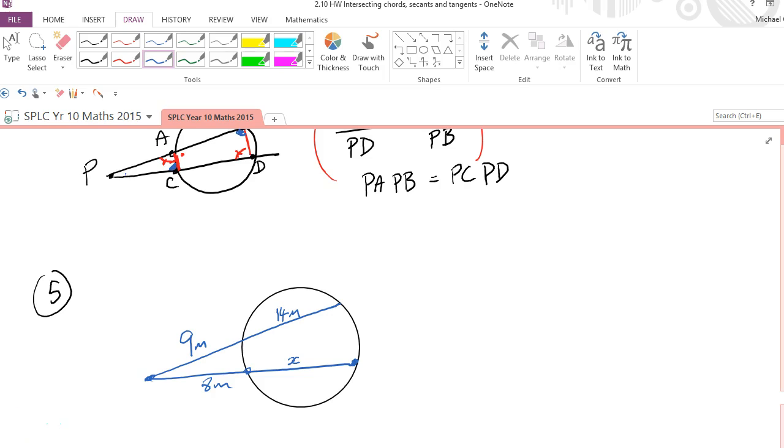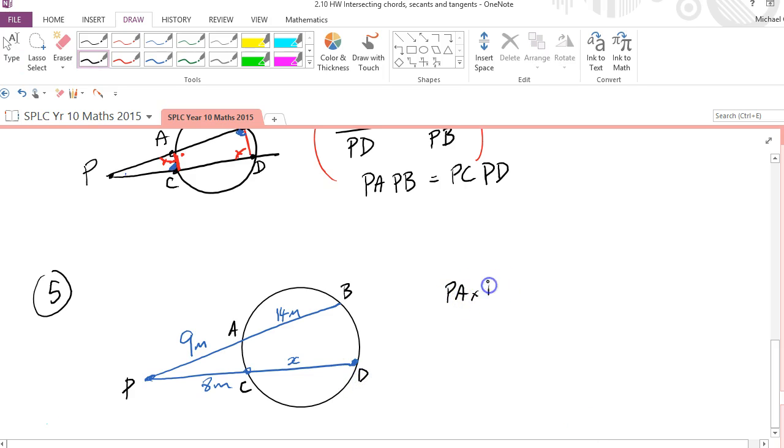So I've just drawn out question 5 here from the final exercise. Now let's see how I would use this rule. Well, here's my point P. If I can get my labels working again. There's P. I'm going to call this one A and B because they're in a straight line. And so these points will be C and D. Now my rule, PA by PB is the same as PC multiplied by PD.